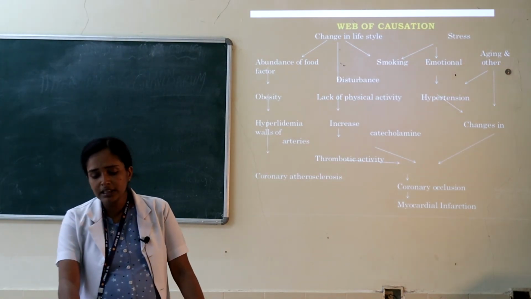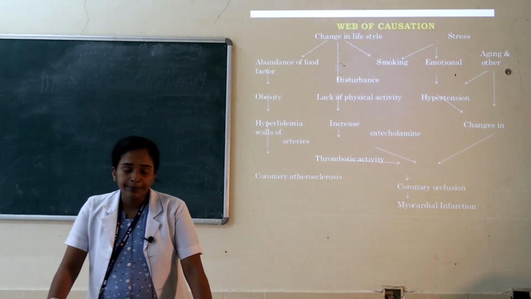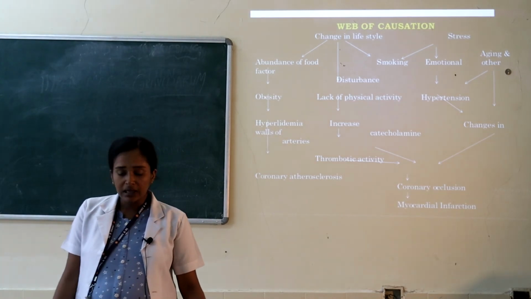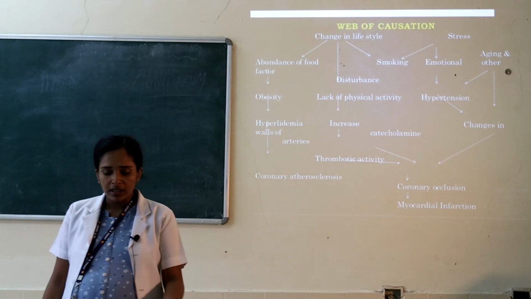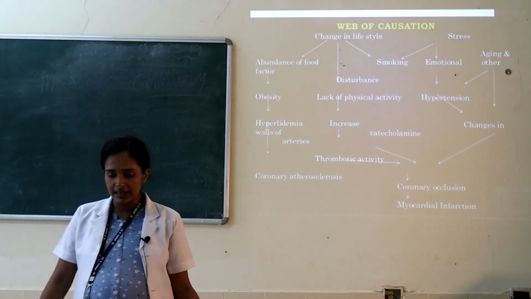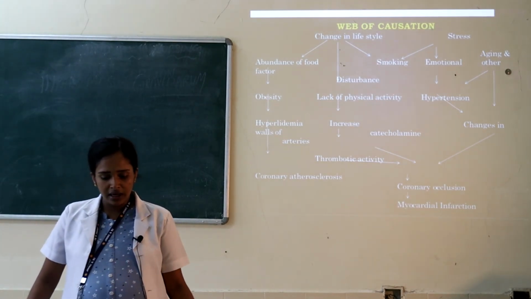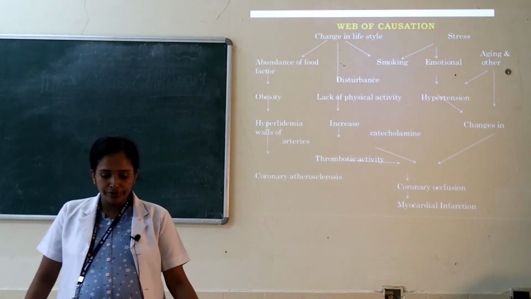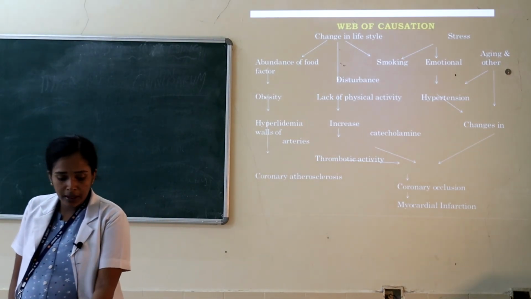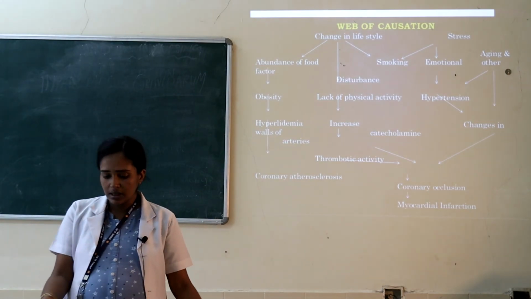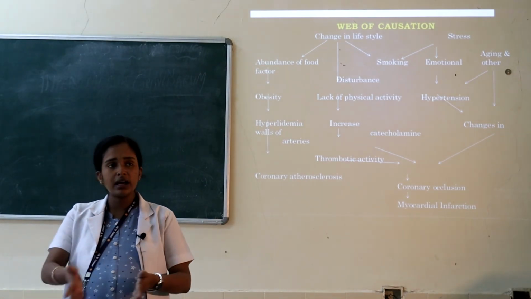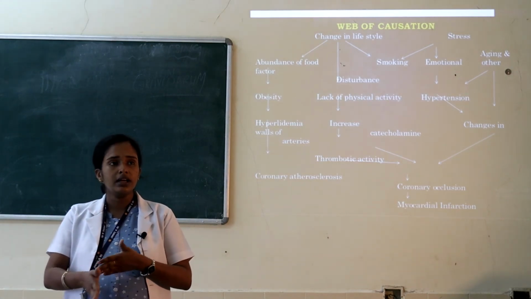In this picture the pathogenesis of myocardial infarction is explained based on different factors. The first one is change in lifestyle and stress. Change in lifestyle may cause abundance of food factors and smoking, and stress may also cause smoking and emotional disturbances, and these factors are closely interlinked.